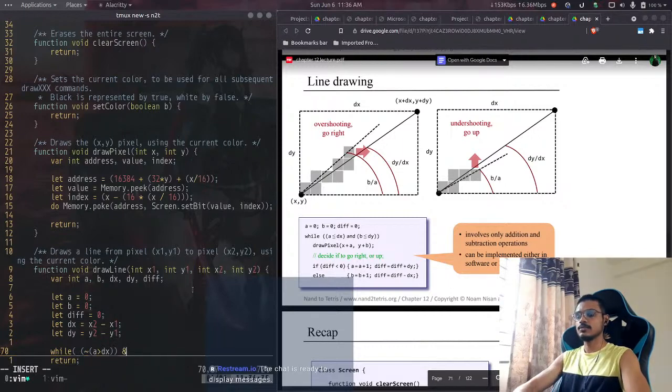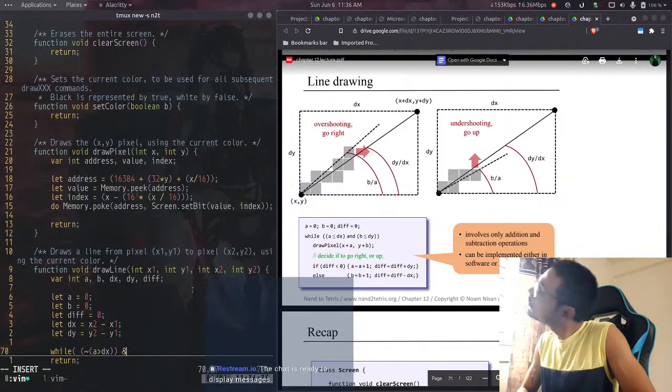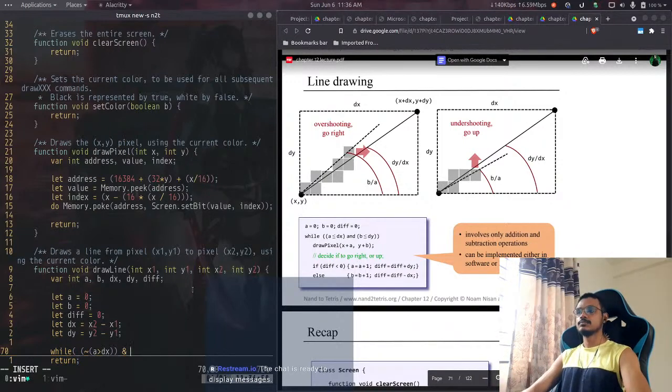And okay, this is an AND operation. b greater than dy, right?